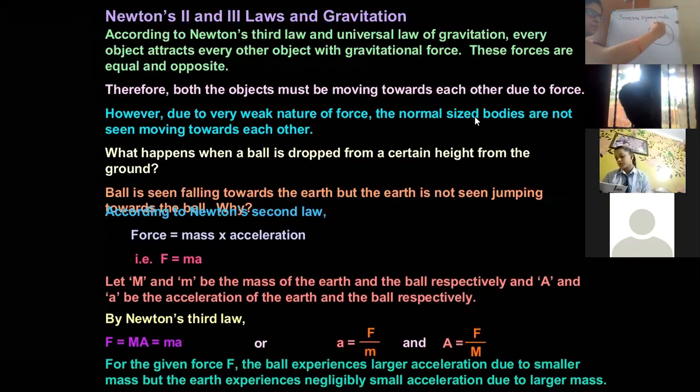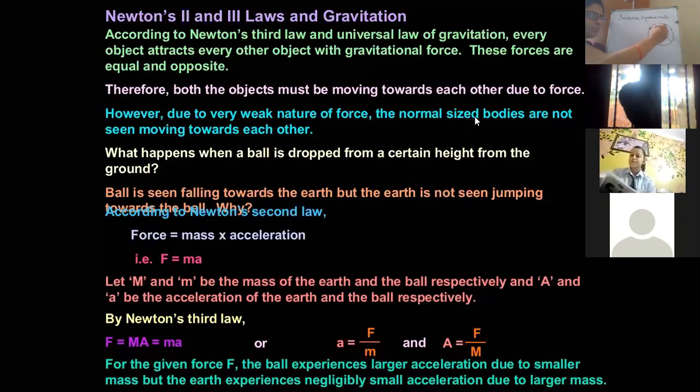Let the planet move with velocity v. So when a planet moves with the velocity v in a circular orbit of radius r, because it is a perfect circle, the value of the radius will be r every time.